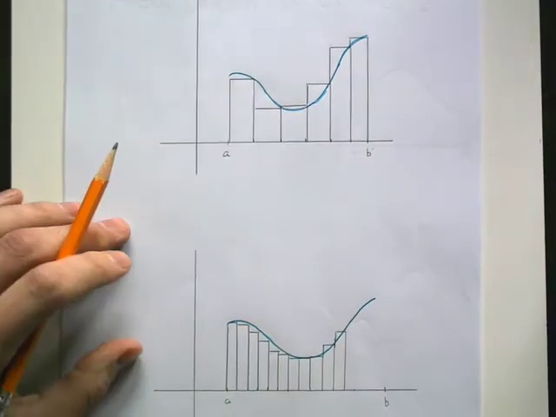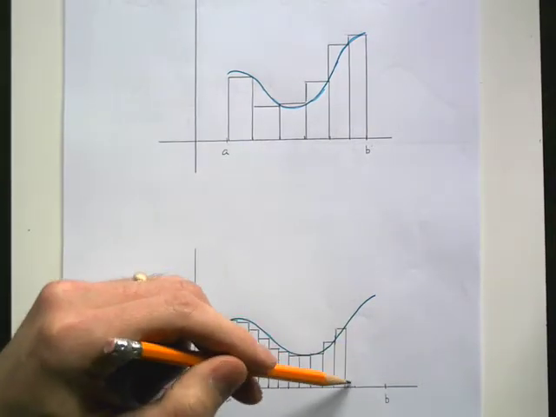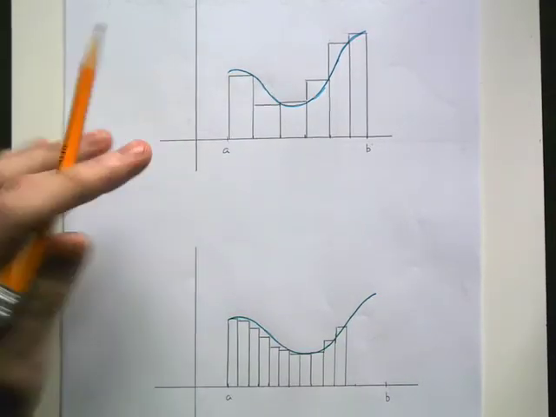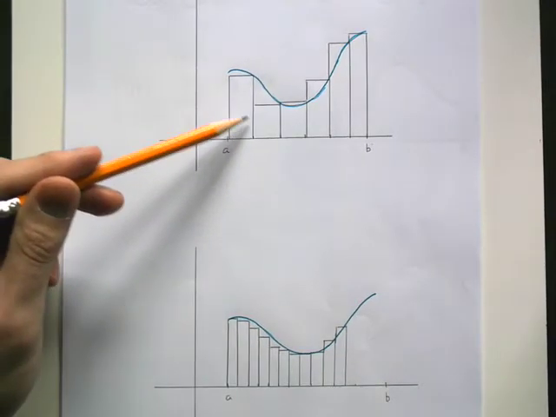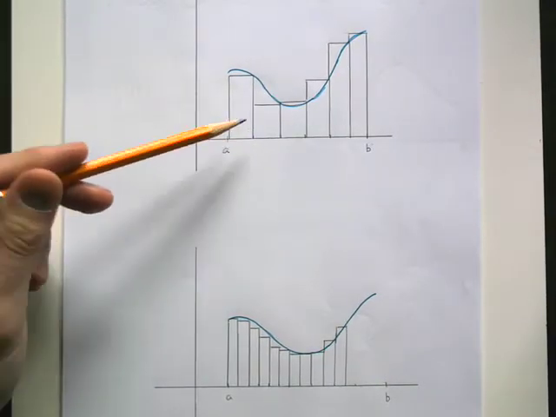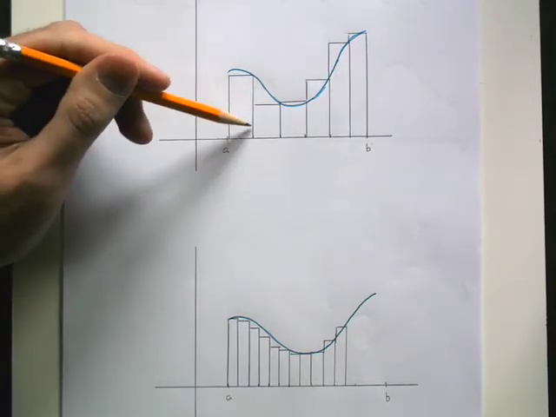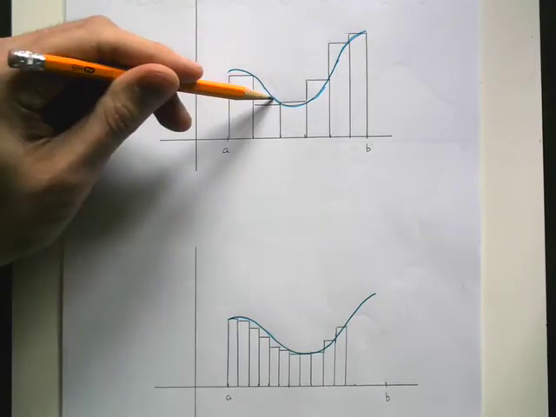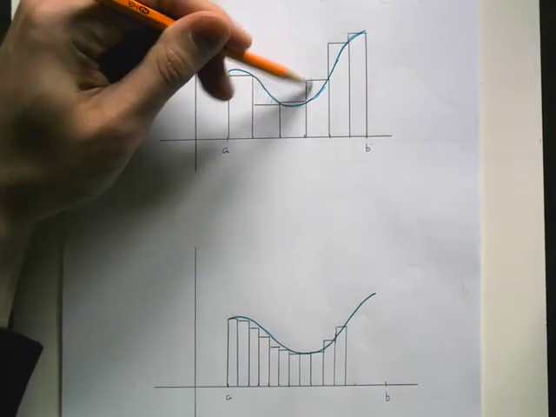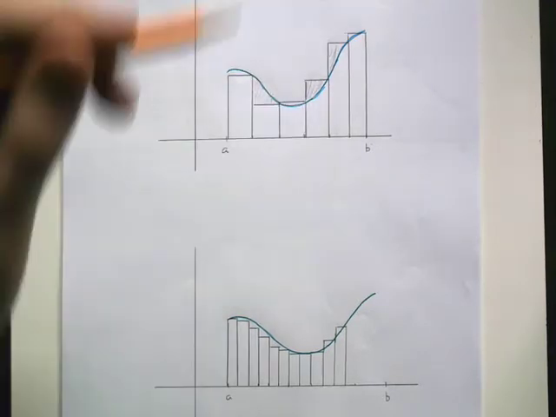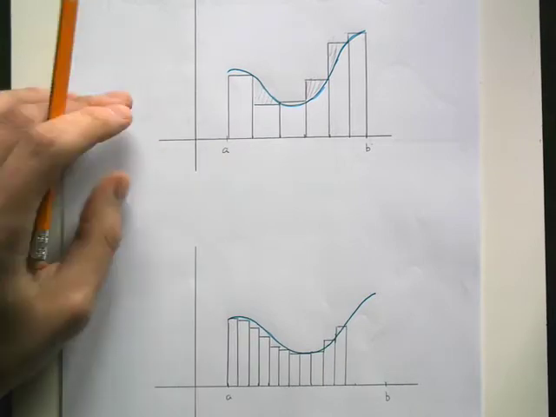I didn't finish drawing my rectangles here, but let's say we went all the way to the end. The accuracy of your answer depends on the width of your rectangles. If you've got thick rectangles, you're missing some pretty big spots. You're either underestimating or overestimating over here. Those are some misses in your answer that you're going to have to account for.